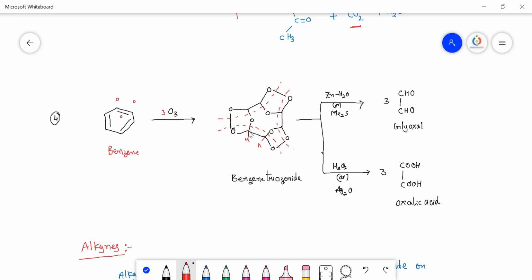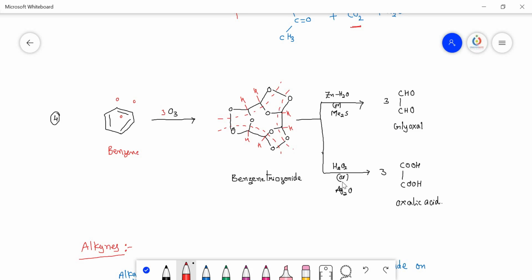Now this gets CHO and here also CHO. These both CHO groups are connected by one single bond. So CHO with CHO. Like that, here also CHO and CHO. Here also CHO and CHO. So we get 3 molecules of CHO-CHO, which is called glyoxal, in the case of the reductive ozonolysis.